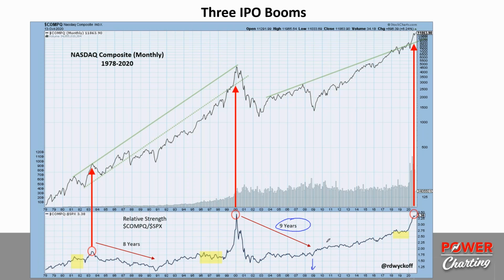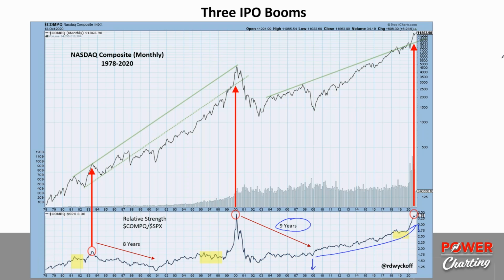And then at the end of that bear market, growth came back into a leadership position again. And notice that from about 2009 to the present, actually right into 2020, growth stocks have been booming as measured by the Nasdaq Composite.